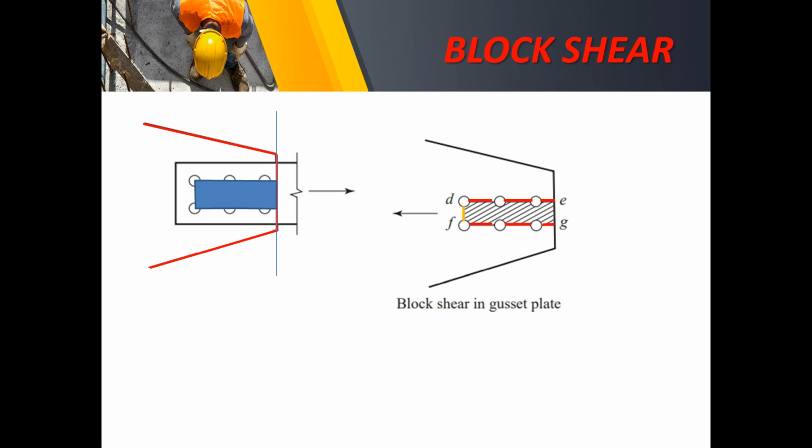So again, we have the shear area, the length of these red lines multiplied by the thickness, and then the tensile area perpendicular to the force P. That is the net length DF, subtracting the two half dimensions of our bolt diameter.